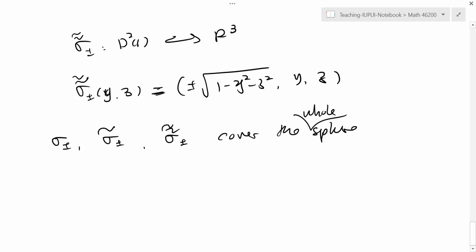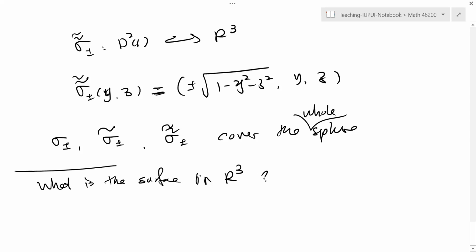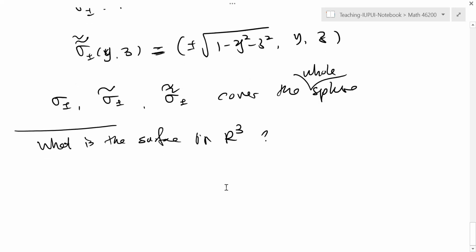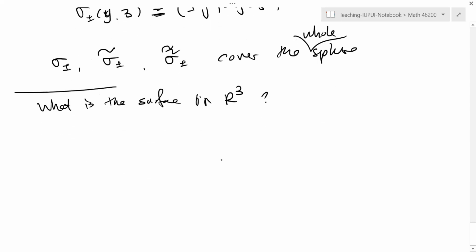But the others can. So roughly speaking, what is a surface in R3? Here's the question. How do you define it?